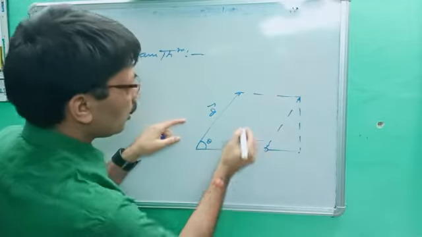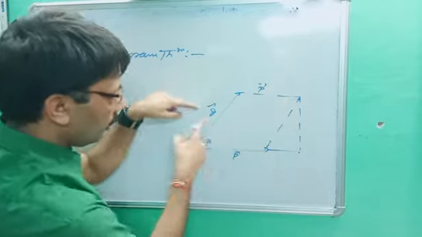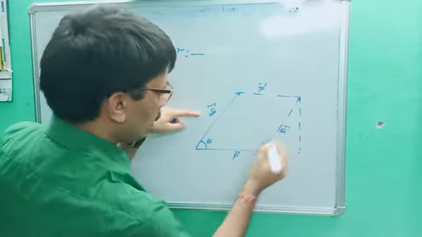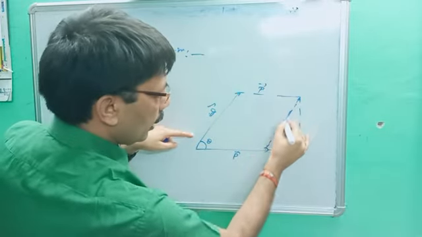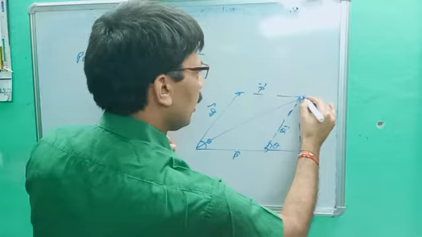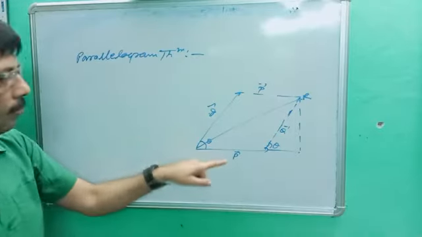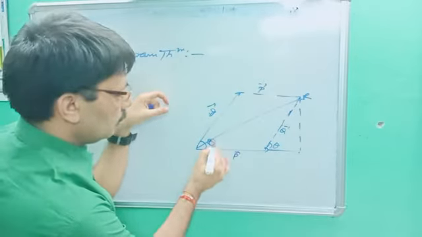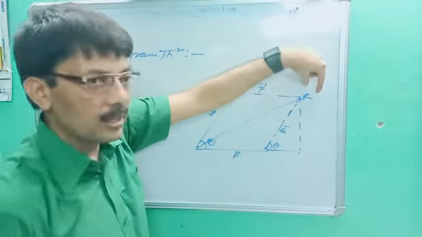So this is P vector, so no doubt it will be P vector, parallel, that's why it is called parallelogram. This is Q vector, so no doubt it will be Q vector. This angle is theta, so according to the design that angle will be theta. This is the resultant vector and it is known as R. Are you getting? P vector and Q vector are established at theta angle. Our aim is the resultant R vector.